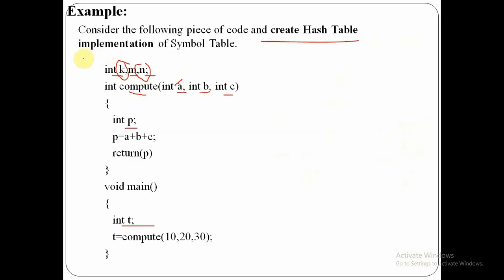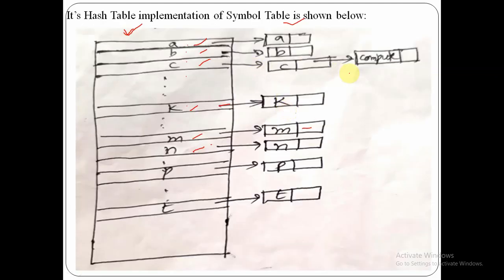The next symbol is compute. When I apply the hash function, it gives, suppose, c, so I should store this name at index c. Accordingly this should be added to the c list, but here one element is already there, the symbol c, so I have to join the compute symbol as a node next to the c by this link.